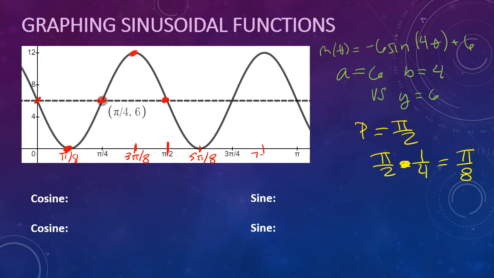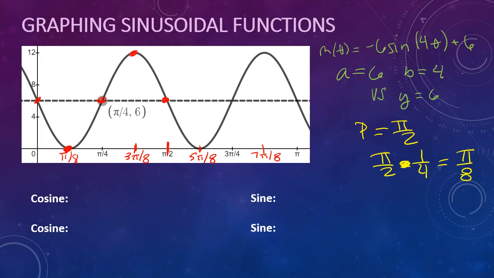Underneath my maximum, I have 7 pi over 8, and then 8 pi over 8 is pi. I'm going to use these values as my phase shifts, my left and right horizontal shifts. In algebra, we call them horizontal shifts because we take the entire graph and move it some number to the left or to the right. However, because these are periodic and we can do multiple different equations, we refer to them as phase shifts.